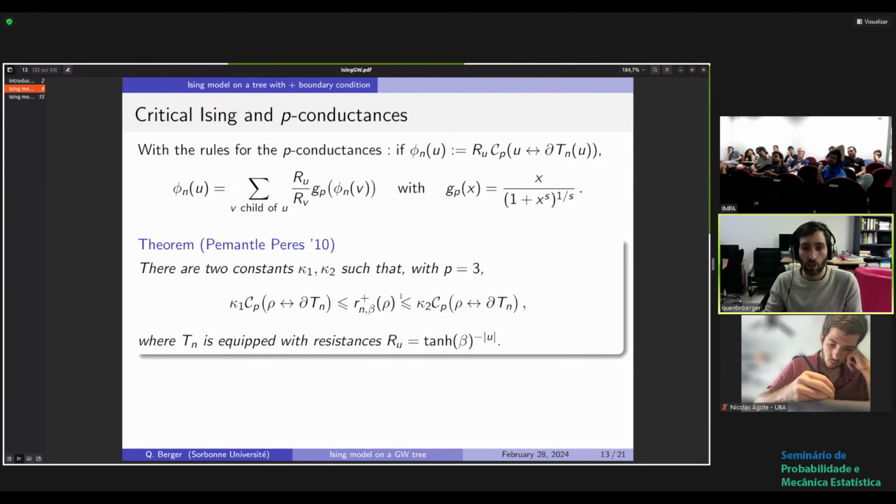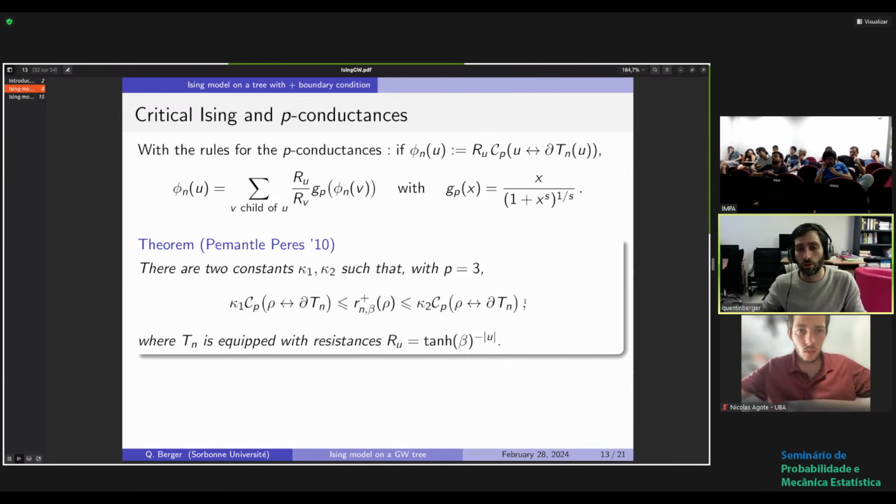So once you have this relation between the log likelihood ratio, or the magnetization of the root, and the P conductance of the tree, you have all the tools from resistive networks to help you estimate this P conductance.